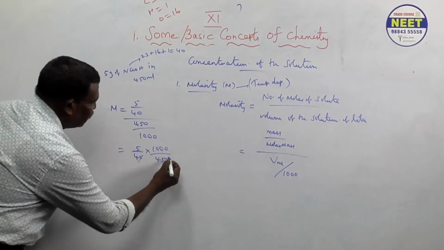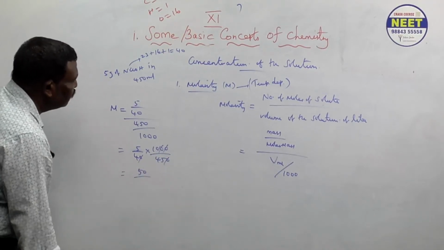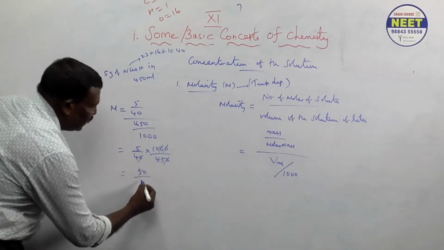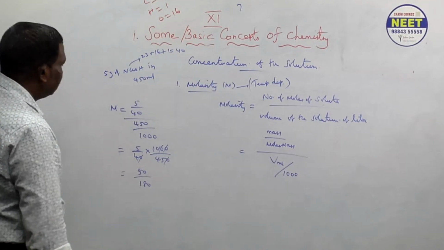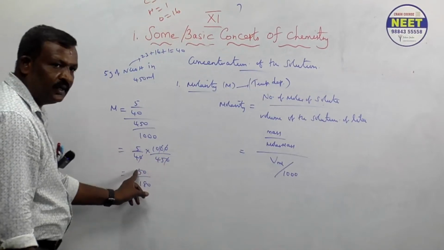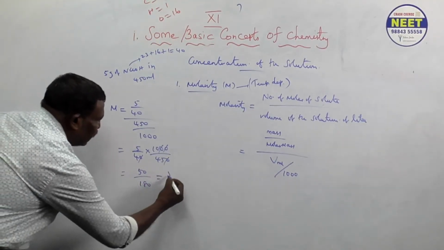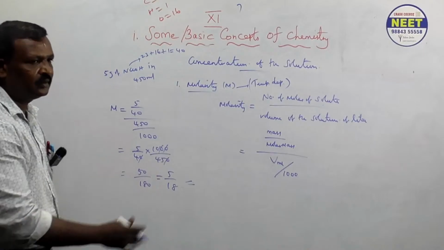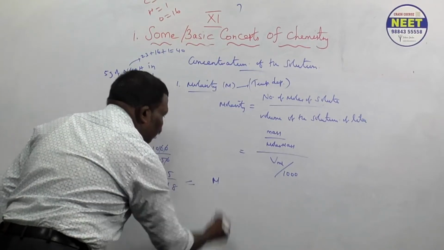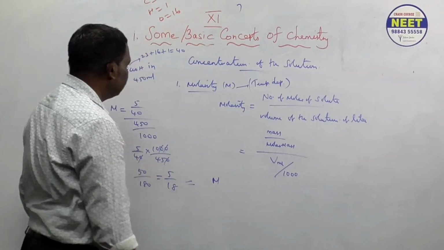You know that. 50 by 180. Again we can cancel, correct or not? 5 into 10, 50. 4 into 45, 180. Again cancel. Do it, then you can solve. Answer: molarity, capital M, or mole per liter. Do it.